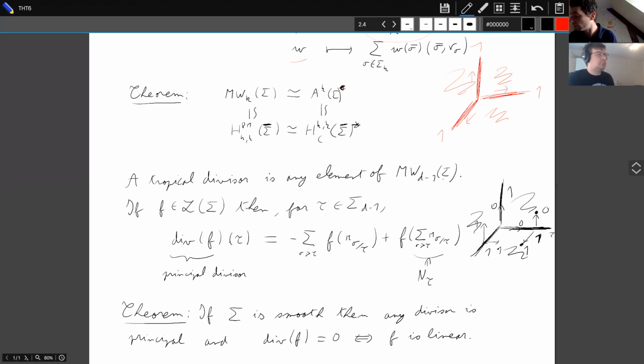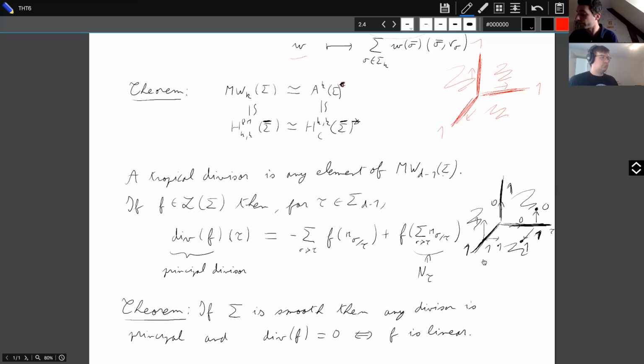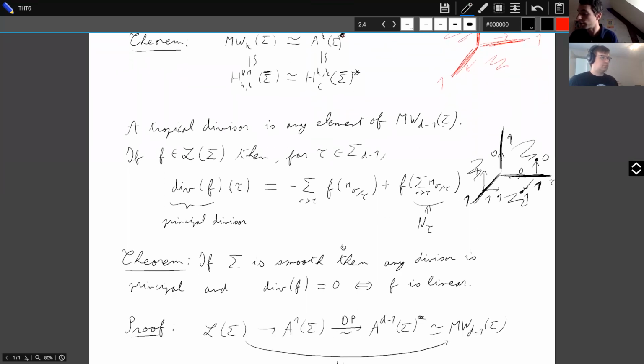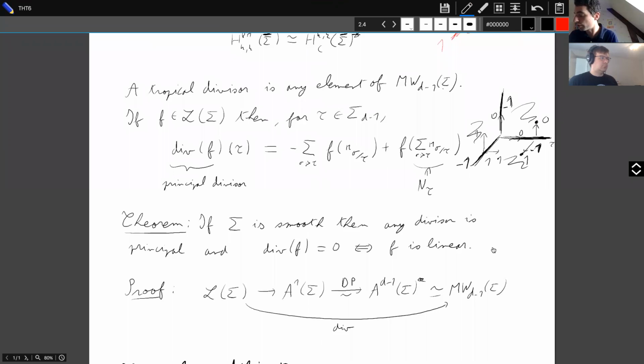Okay, I'm making some mistakes, but we get 1 here also. And so this is a divisor, so you get a principal divisor. Except that I have a minus here and a plus here, so I have to take the opposite for everything. It's not very important.